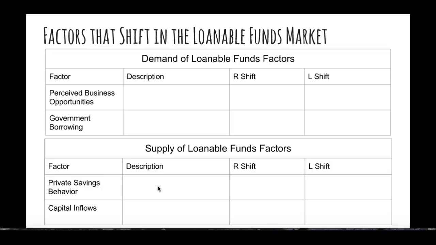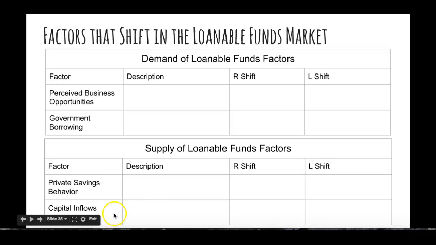But generally speaking, a right shift in the supply of loanable funds is if people are saving more, because savings are going to be more available for loans. Whereas a left shift is if people are saving less, so they are going to definitely have less to offer for loans.